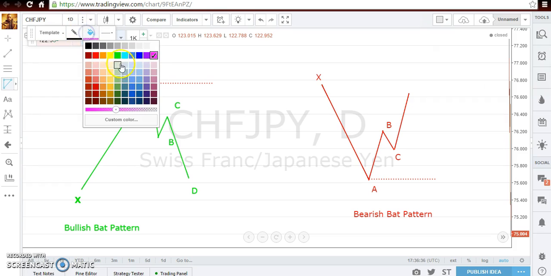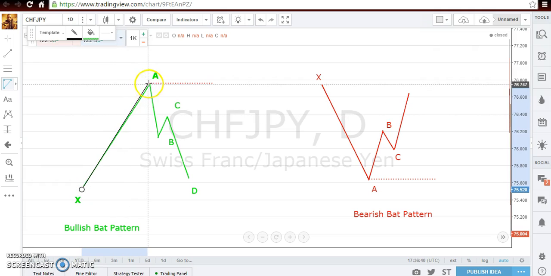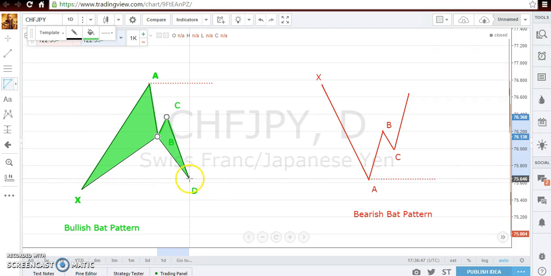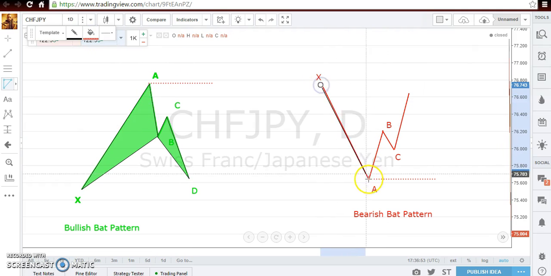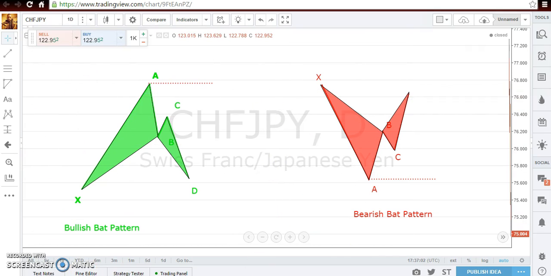I'll use a green one: X to A, A to B, B to C, C to D. And for the bearish bat pattern, I'm going to use the red one: X to A to B, B to C, C to D. So this is the bullish bat pattern, and that's the bearish bat pattern.